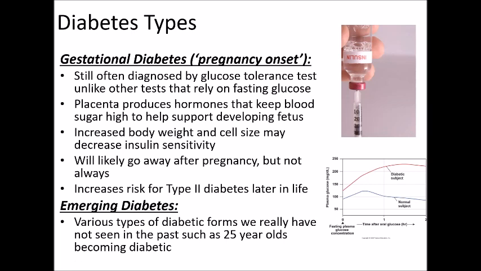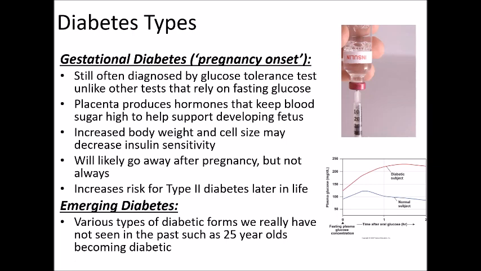In addition, the increased body weight and cell size of a pregnant female may decrease insulin sensitivity as the insulin receptors move farther apart as the cell size increases. That will likely go away after pregnancy, but not always.